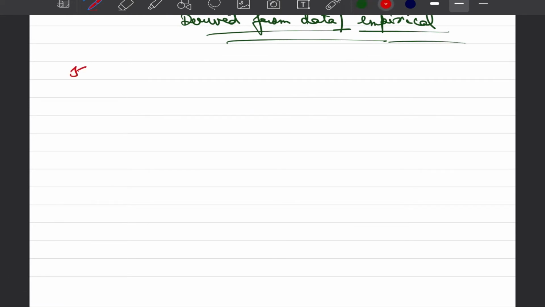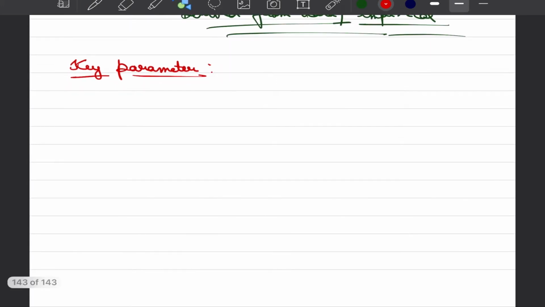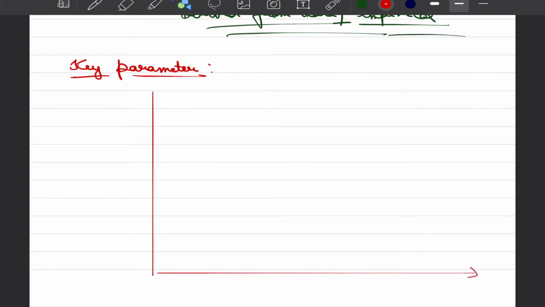So, if we have to develop a synthetic unit hydrograph for any watershed, what do we need? We basically need on the x-axis time, which should be in hours, and on the y-axis we will have discharge, typically in meter cube per second.